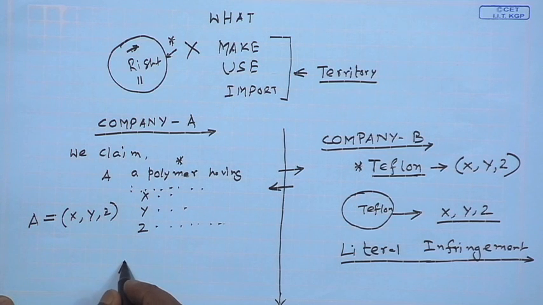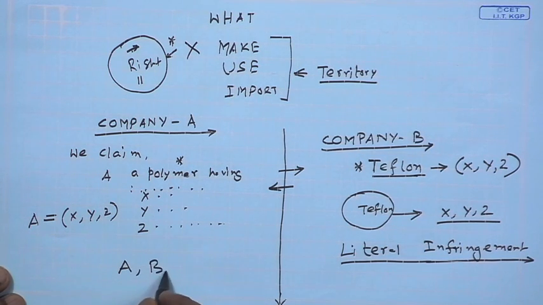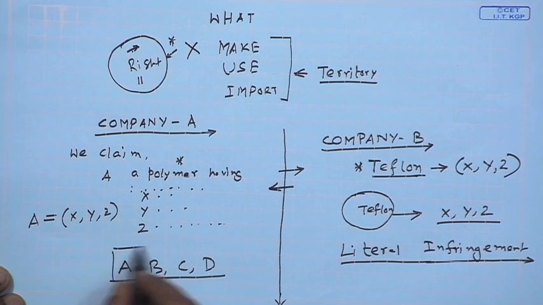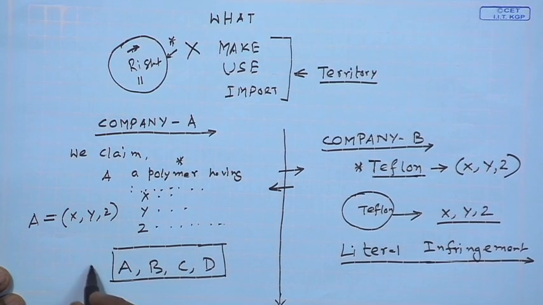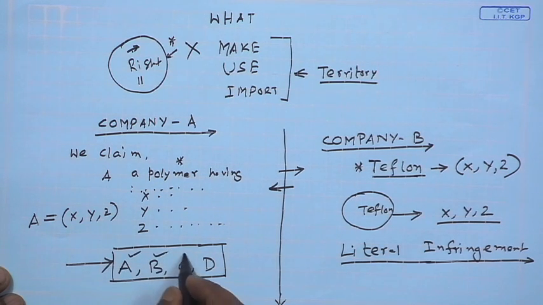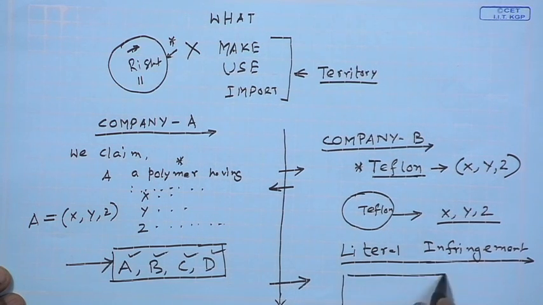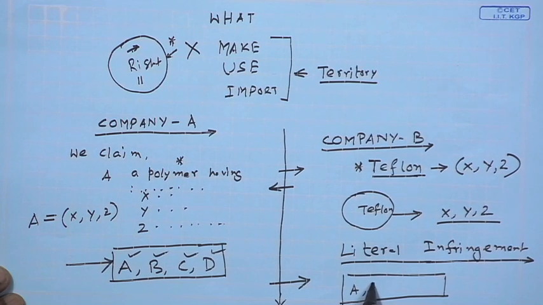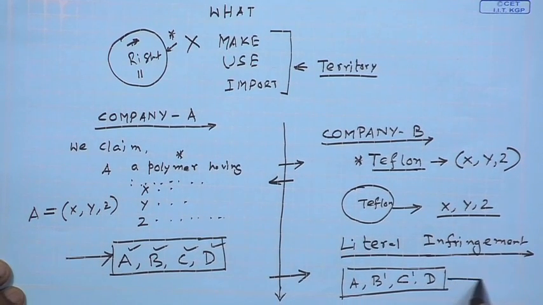Maybe all the components A, B, C, D are present in company A's product, and definitely the patent claim of company A has the features A, B, C, D. Now company B's product has the features A, B bar, C bar, D, and let us say they are functionally equivalent.